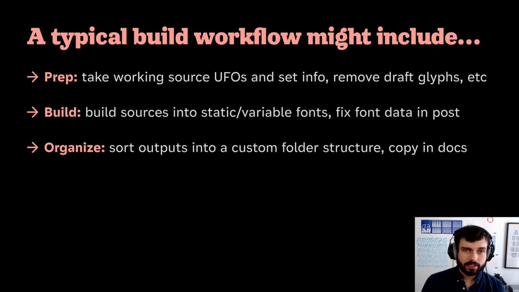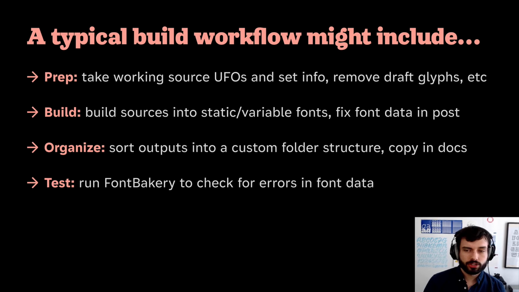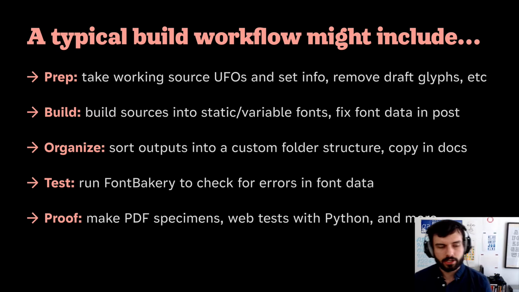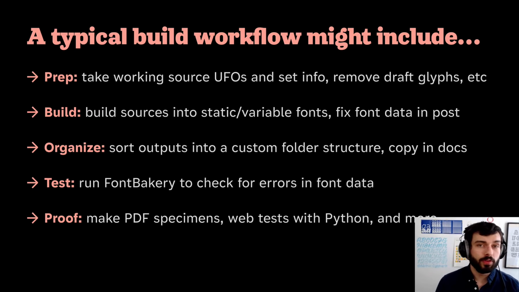You organize things, sorting them into custom folder structures, maybe copying in a license or other docs. You test things, possibly with Font Bakery, to check for any errors that might be in your font data and disrupt its workability in various scenarios. And then there's proofing. So you're making PDF specimens, testing your fonts, checking the spacing and kerning, maybe seeing how they work on the web or in other desktop apps.